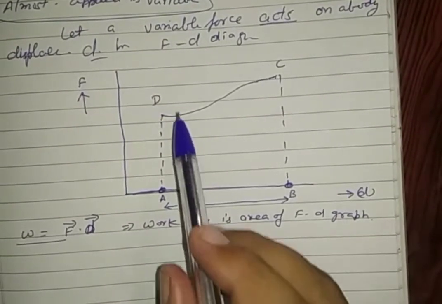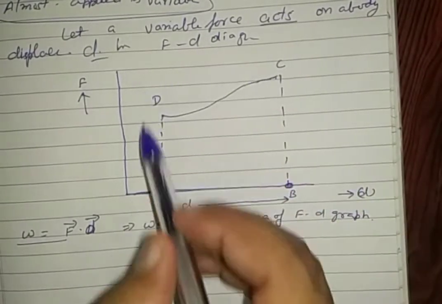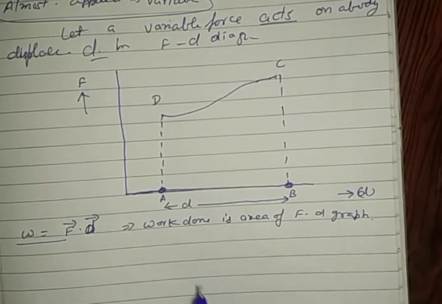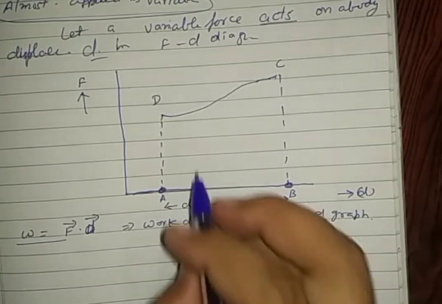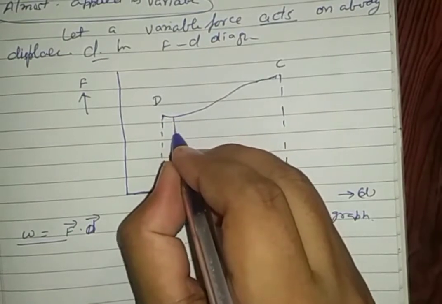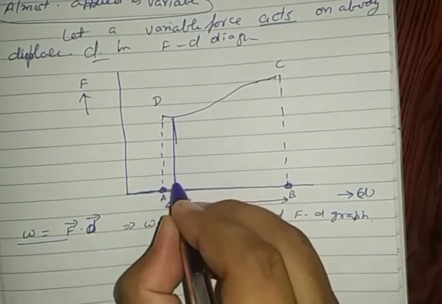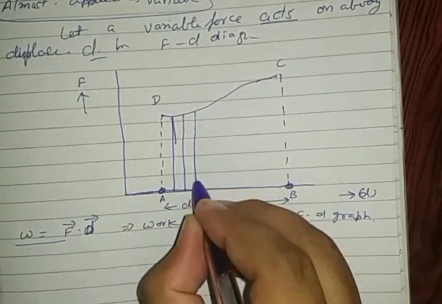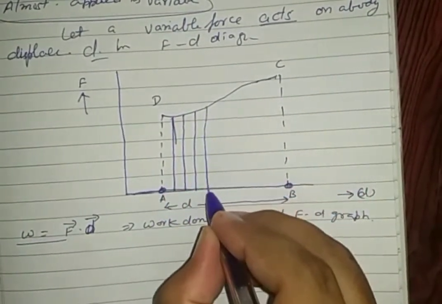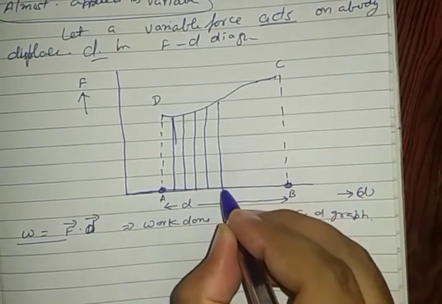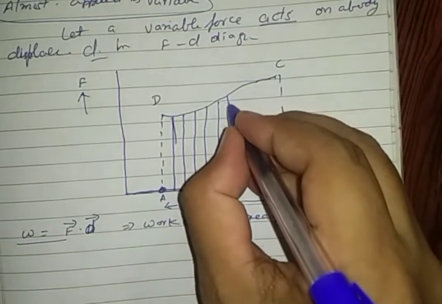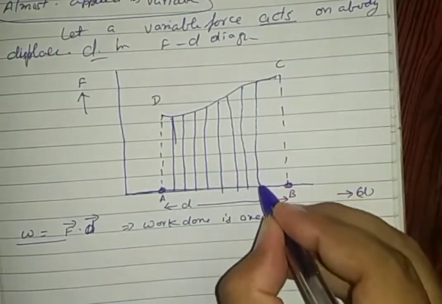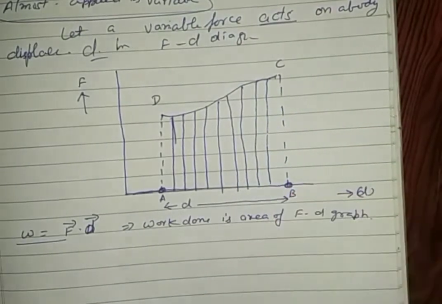See, this area ABCDA is not a definite shape. So let us divide it into several parts to obtain the total area.